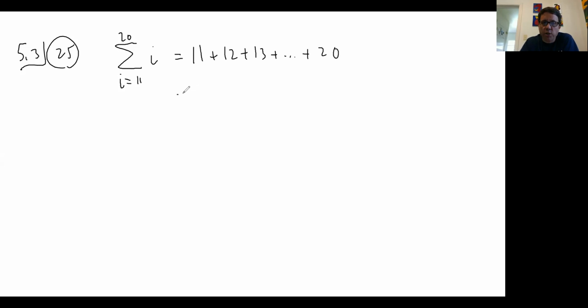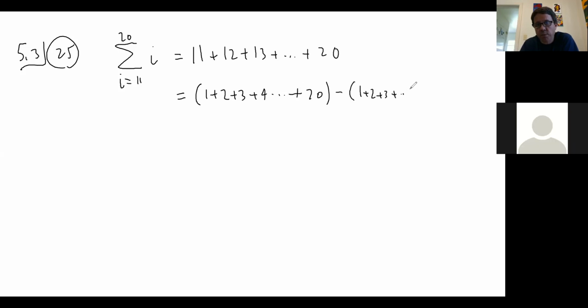So what they wanted you to do is start at 1, 2, 3, 4, add up to 20, and you're like, that's not the right answer. But if you took away 1 through 10, so subtracted off 1, 2, 3, up to 10, then you would have the numbers 11 to 20.